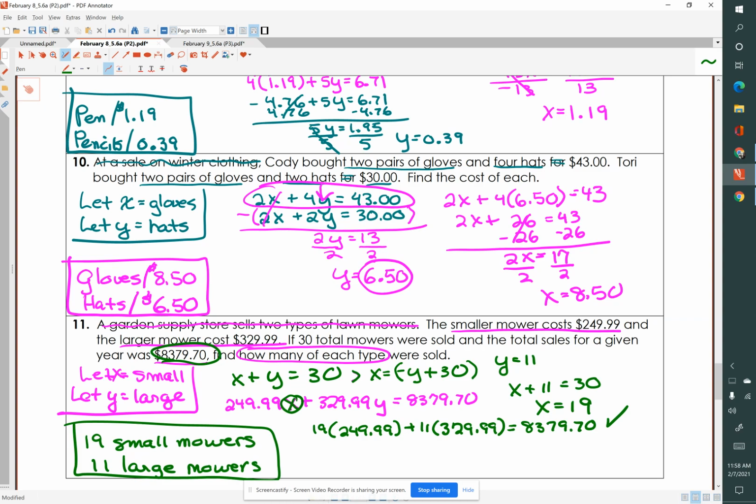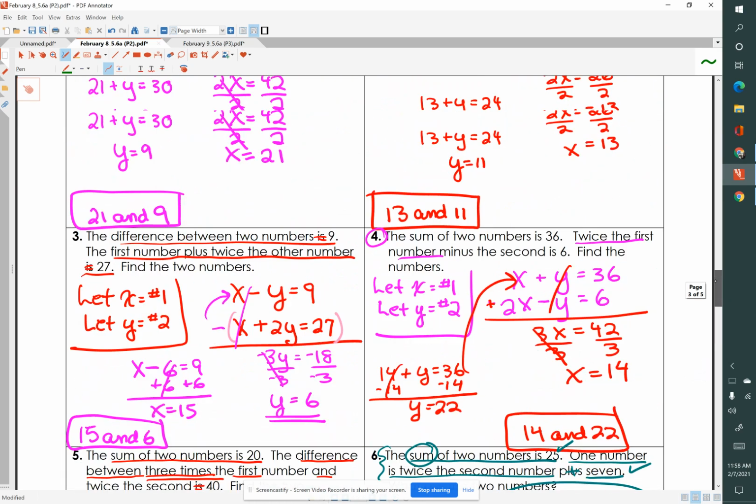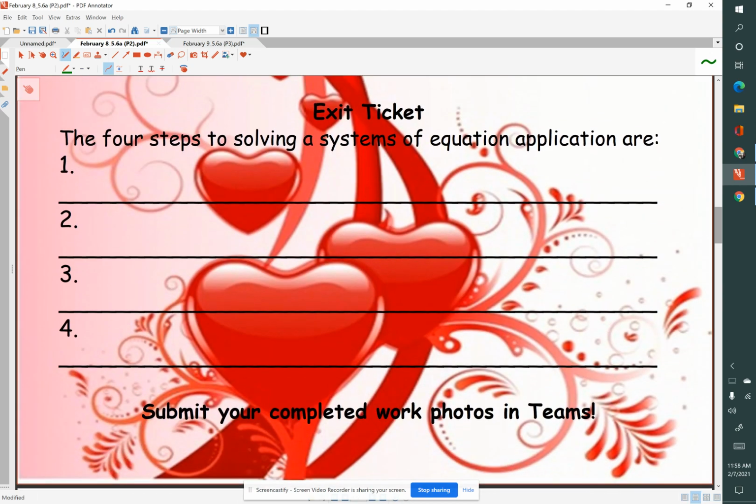And when you do that, your answer will check. So good job today. It was a lot of work, but we do want to do our exit ticket. We do want to review those 4 steps to solving a system of equations, okay?